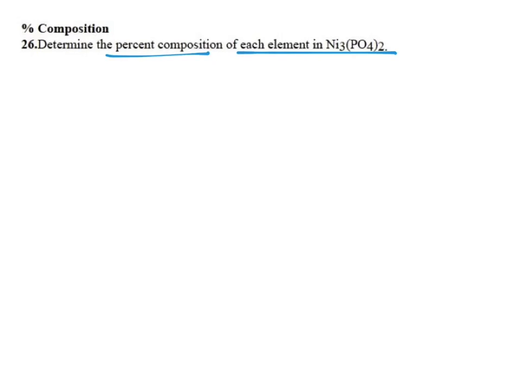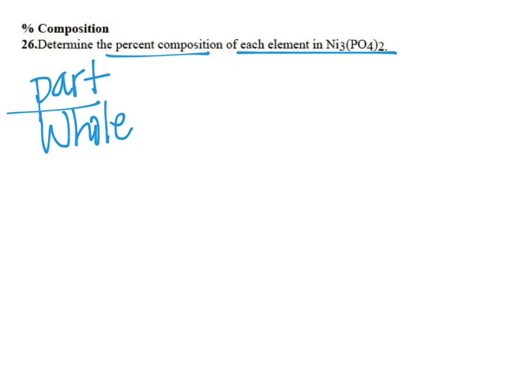But here I want you to go ahead and determine all of them. Remember, percent composition is just part over whole, what part you're looking for, times 100 to get your percent. So you always hear me say part over whole, part over whole.